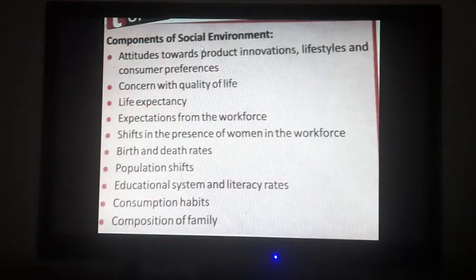The components of social environment are attitude towards product innovations, lifestyle and consumer preference, concern with quality of life, life expectancies, expectations from the workforce, shift in the presence of women in the workforce, birth and death rate, population shift, educational system and literacy rates, consumption habits, and composition of family. So these are the social components.